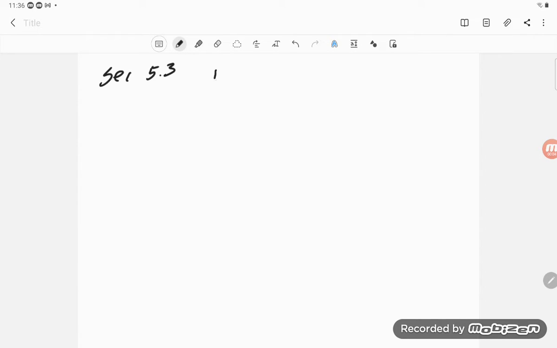5.3. This is example 6, and they go through with the Leibniz notation something a little different. I don't know if it's Leibniz or Newton, but at any rate, the dy dx notation.